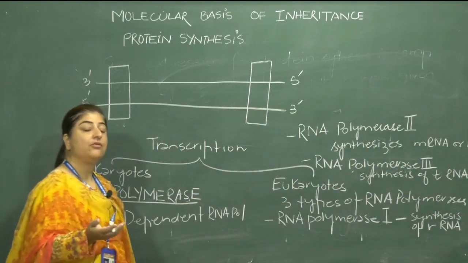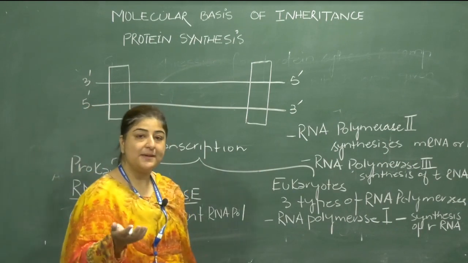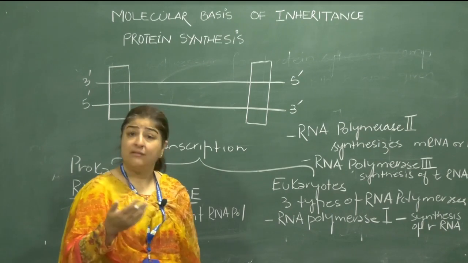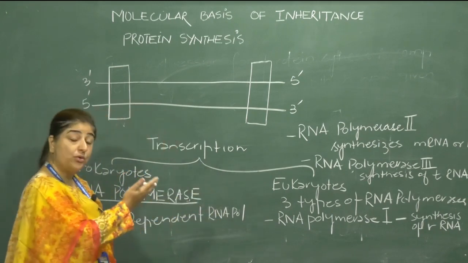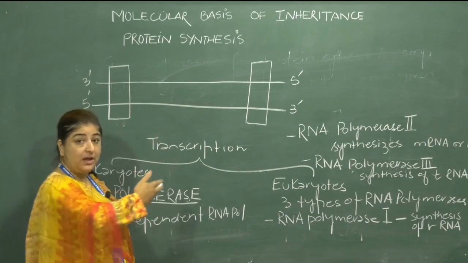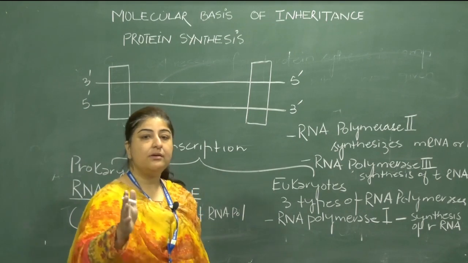So the raw materials required for the process of transcription are basically the enzymes and the ribonucleotides. Firstly, we have studied the enzymes required for transcription. Now if you see in books, they have mixed up eukaryotes and prokaryotes.